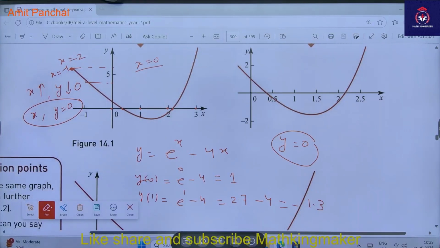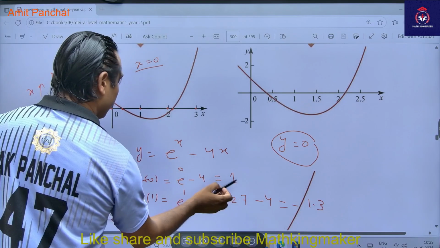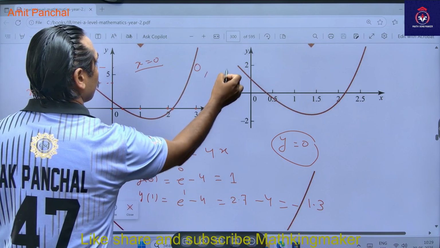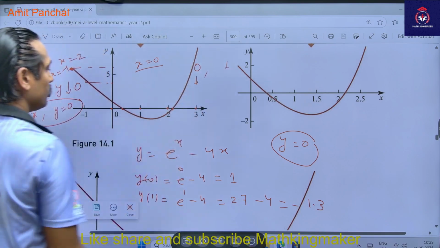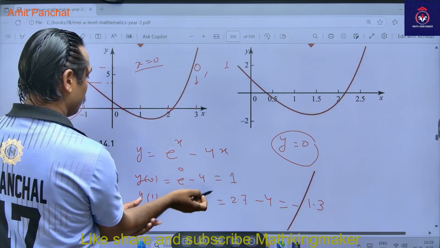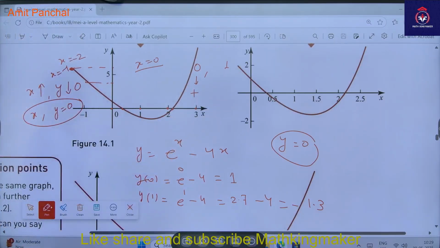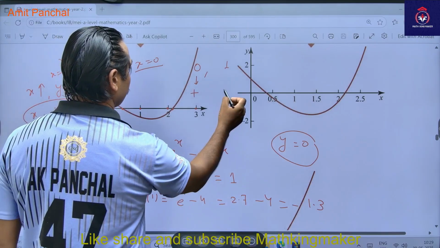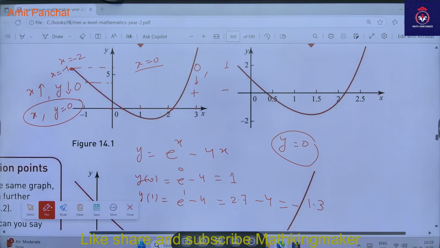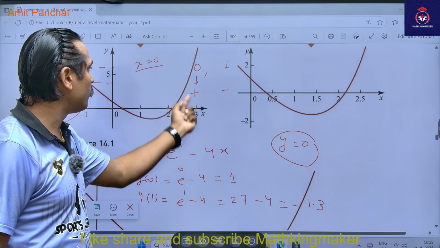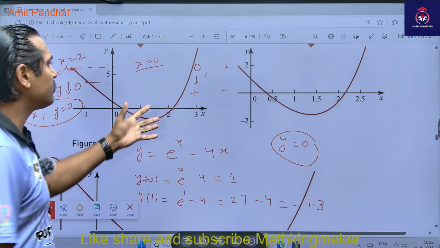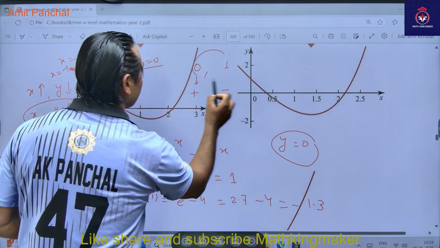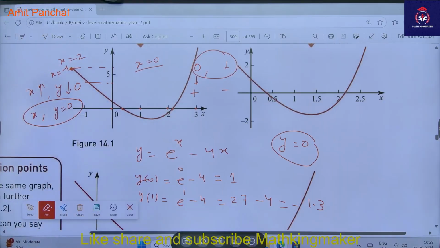So from 0 to 1, at 0 your value of y was positive and at 1 your value of y is negative. So it is jumping from positive to negative, which means in between 0 and 1 there is a root of this equation.